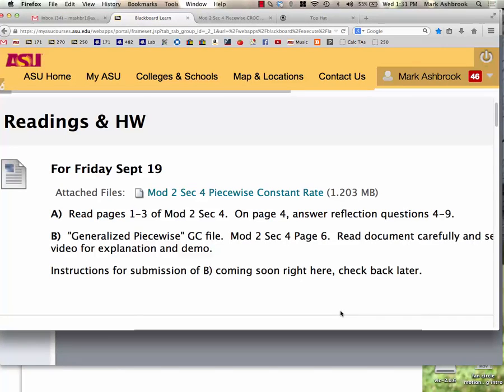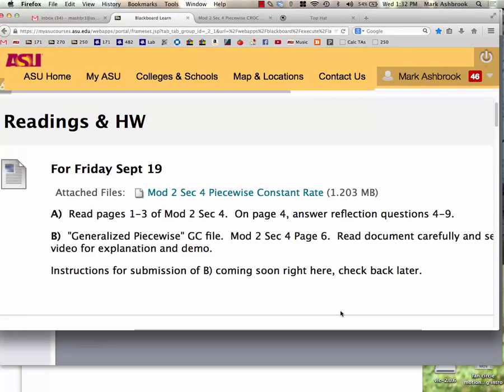So read that taxing again. This Friday we're going to start digging into that tax function. It sets a really nice groundwork for our next section of the course, which is accumulation. So read that again, answer reflection questions 4 through 9, and get your questions answered on 1 through 3 if you were unclear about them. And then the second part I will explain at the end of class.